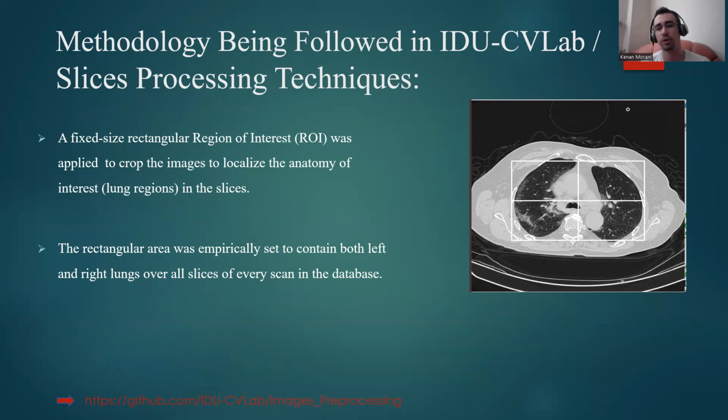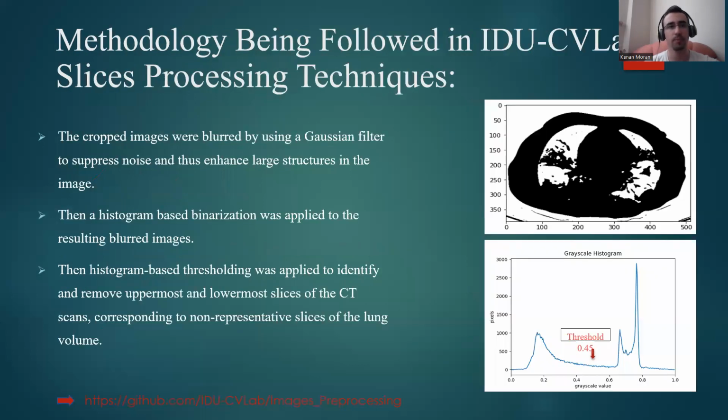So the lung regions in a slice were more focused in the work. There's this cropping of this area of each of the slices in the CT scans. It contains, as you can see again, the left lung and the right lung. So this is one step for slice processing.